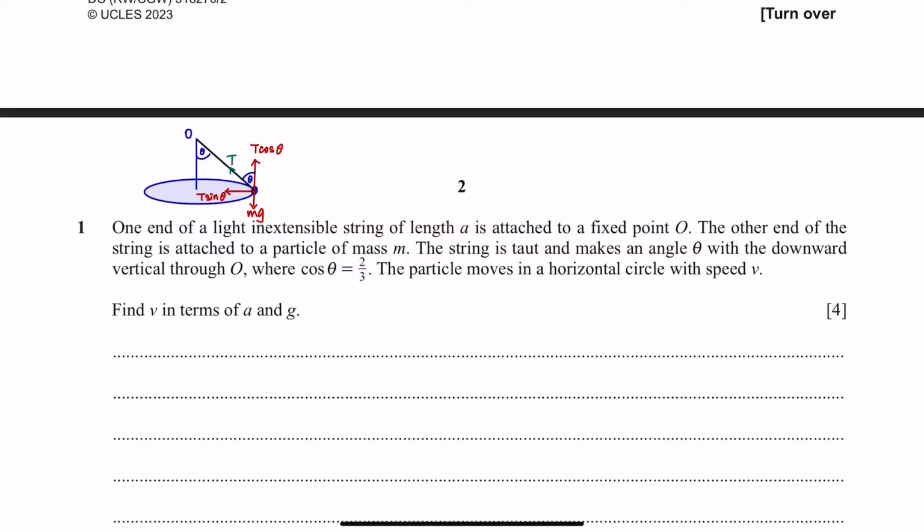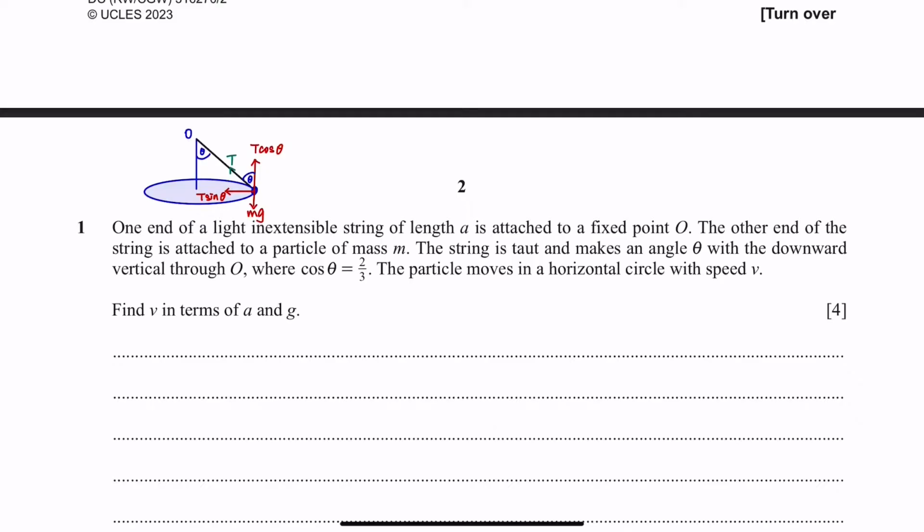And we know that in the vertical component, there would be no net force because it's only moving in a horizontal circle. If there's net force in the vertical component, it would start moving up and down.